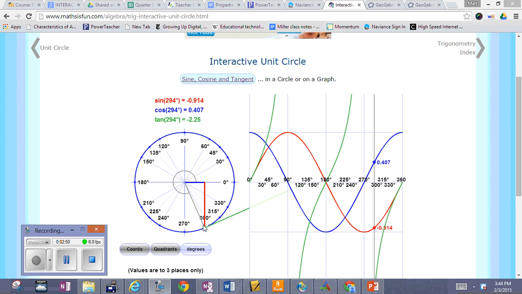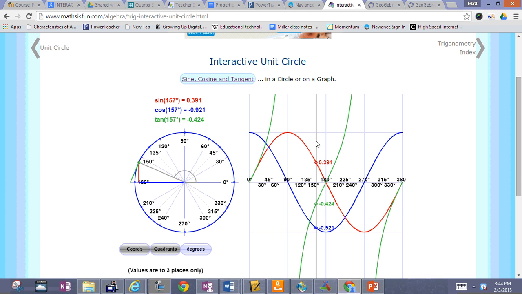And then when I'm back to 360 degrees, I've completed one revolution, okay? And I've completed what's called one cycle of my sine graph. If I wanted to go through another revolution, my sine graph would just run through another period, okay? So we're going to identify things over here, okay?